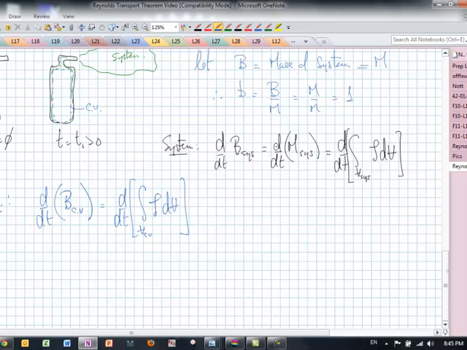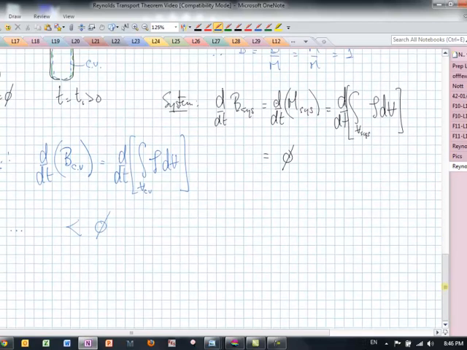Since no mass leaves the system, the first integral must necessarily be 0. We're tracking a fixed system, so that one is 0. However, for the control volume, some mass did leave, and so the amount of mass in the control volume must have gone down, so it must be less than 0.